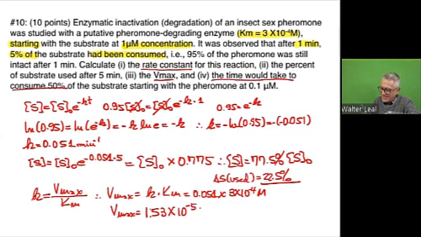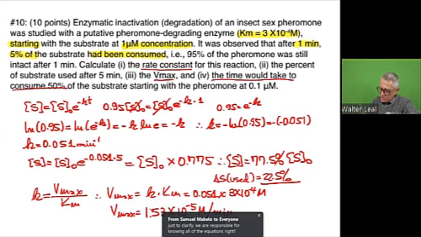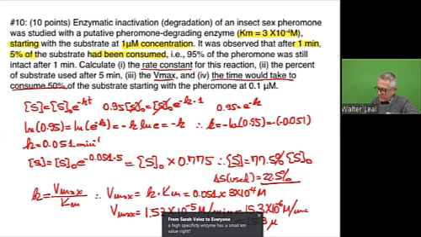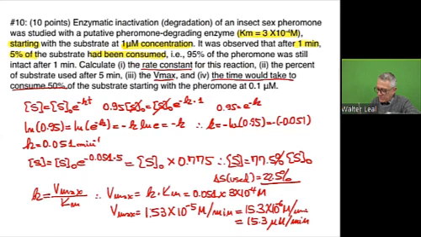Since it's 10 to the -5, let's make it 10 to the -6. That equals 15.3 times 10 to the -6 molar per minute. I just want to make a better unit there. So that's equal to 15.3 micromolar per minute. That would be the Vmax, okay?